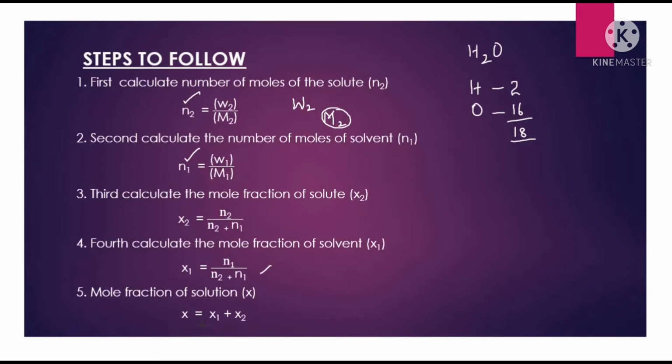How to calculate it? From the mole fraction of the solvent and mole fraction of the solute. If you add the mole fraction of the solvent and mole fraction of the solute, then it will be 1. So this is the rule: X is equal to X1 plus X2, that is mole fraction of the solvent plus mole fraction of the solute, and this will be equal to 1. We shall see the problems now.